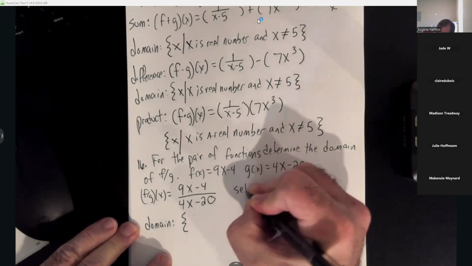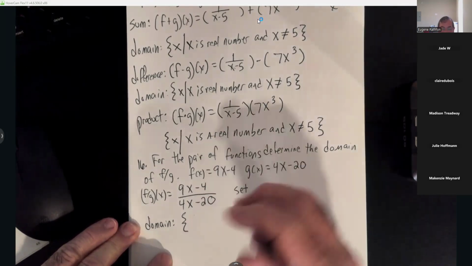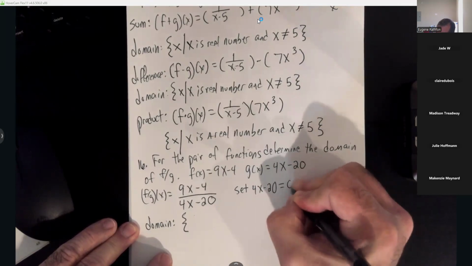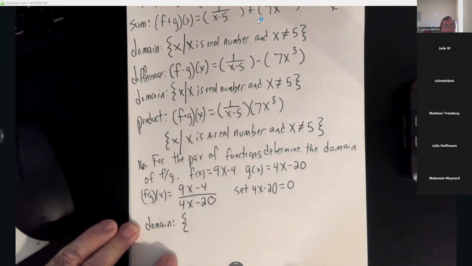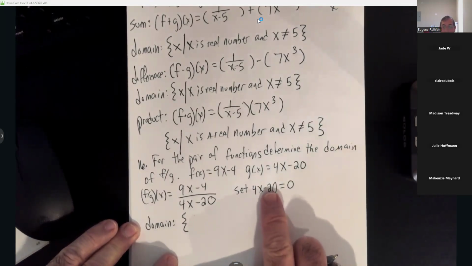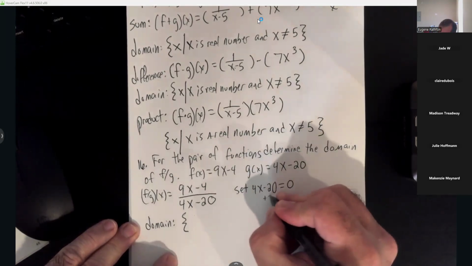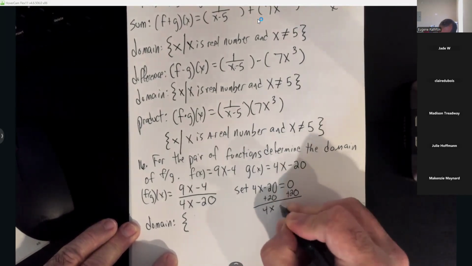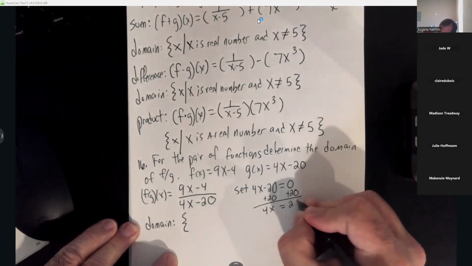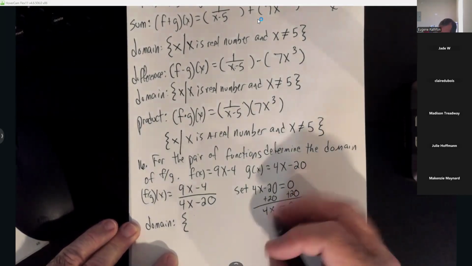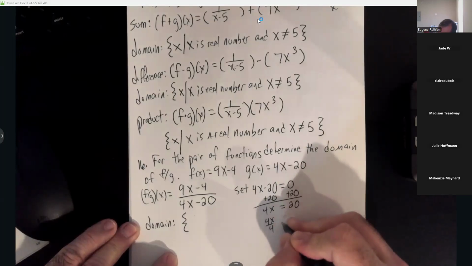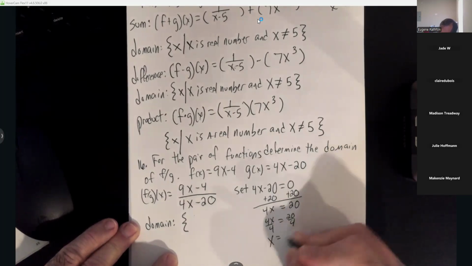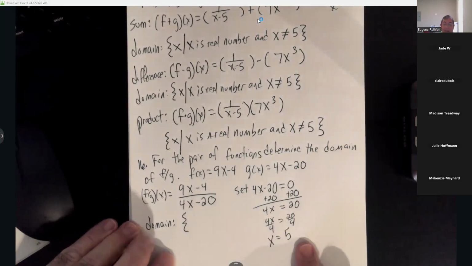All right, since I have a fraction, if nothing else, I'm going to take that bottom, 4x minus 20, and set it equal to 0. To solve this, I'm going to add 20. So I get 4x, those cancel, that's going to equal 20. And then I'm going to divide both sides by 4. So all that cancels, giving me a 1x. 20 divided by 4 is 5.